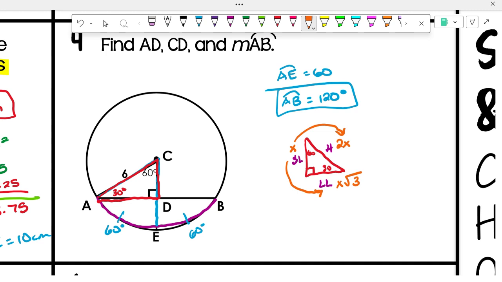So 6 right here. Is that our hypotenuse, our short leg, or our long leg? It's the hypotenuse. What would our short leg be? It's always the one across from the 30-degree angle. So what side is directly across from the 30-degree angle?